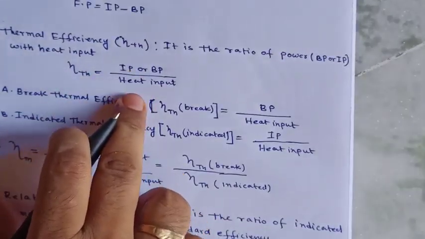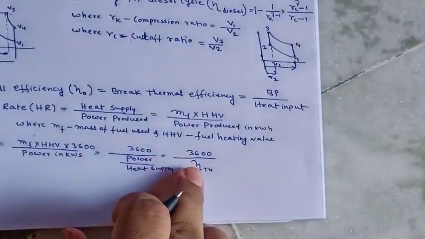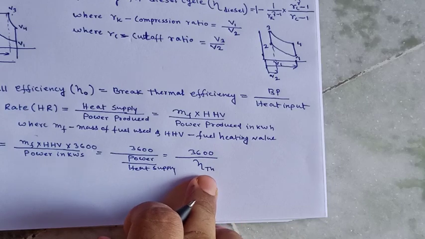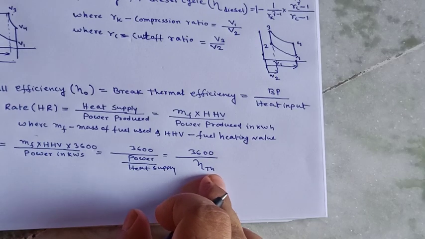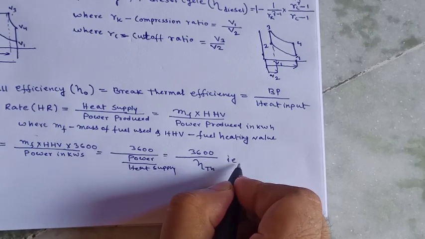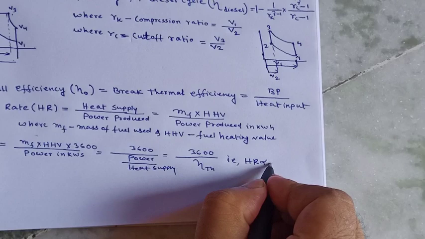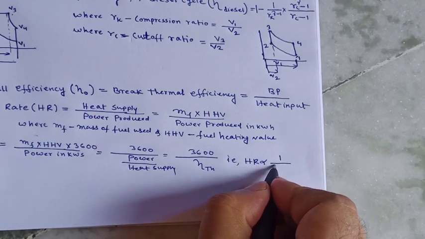This power by heat supply is thermal efficiency. So this is 3600 by thermal efficiency. So I can write that HR is inversely proportional to the thermal efficiency.